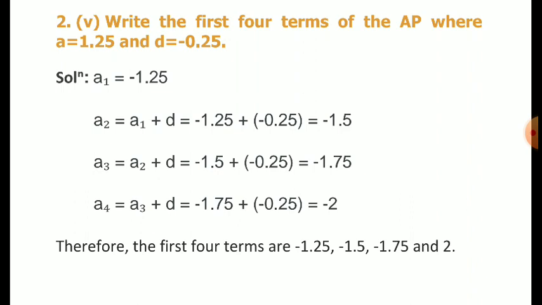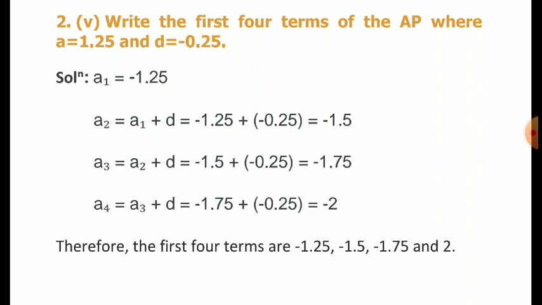So finally, we got the four terms a1, a2, a3 and a4. Therefore, the first four terms of the AP are minus 1.25, minus 1.5, minus 1.75 and minus 2. So this is the solution of question number 2, Roman 5.